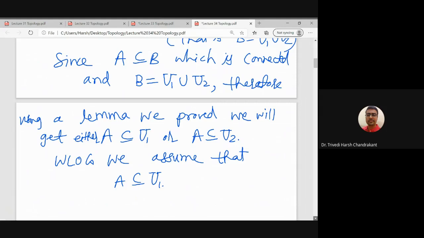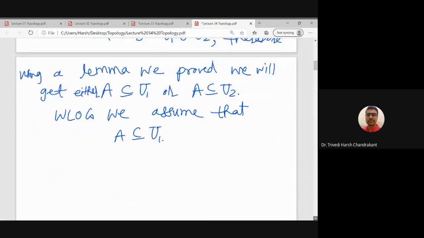So now if A is a subset of U1 and we know that U1, U2 is a separation, therefore U1 and U2 are both open sets as well as both closed sets. Now to go from A to B, I have to take the closure.